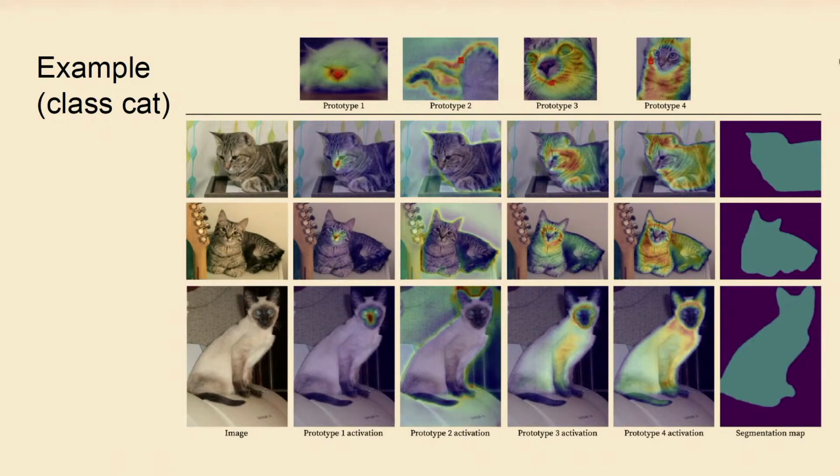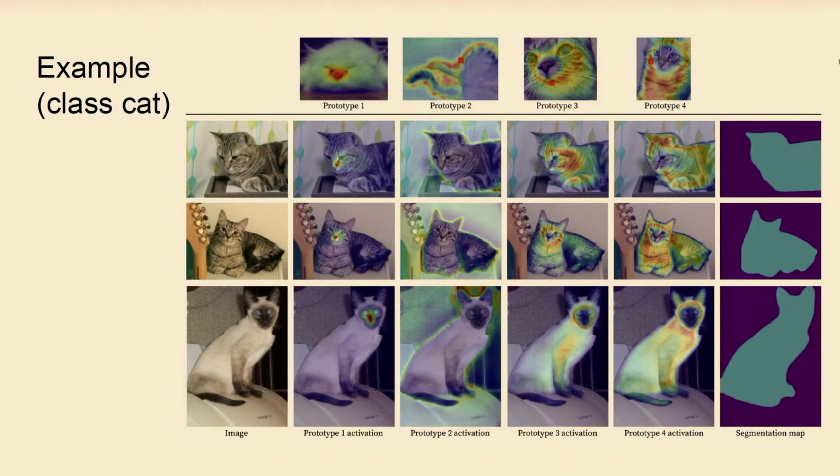And 4 prototypes of class cat, right? And you can see that one of the prototypes was responsible for the nose, right? One of them was responsible for the contour of the cat. One of them for the face, and maybe the body, right?